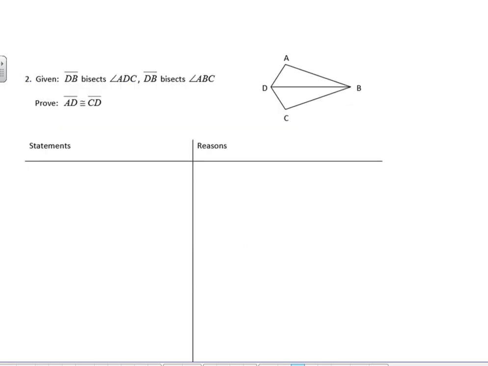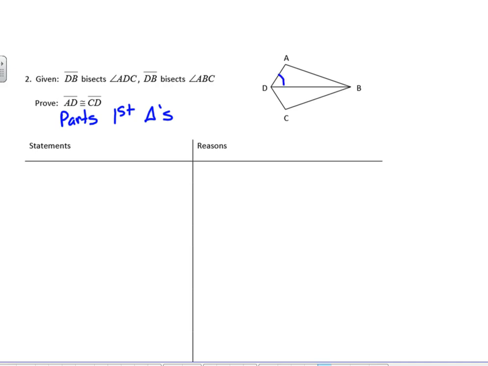So let's do another one here, and again, just talking you through the process. Our goal here is to prove parts. So first, we have to do the triangles. That's how you want to think about it. We've got DB bisects angle ADC.